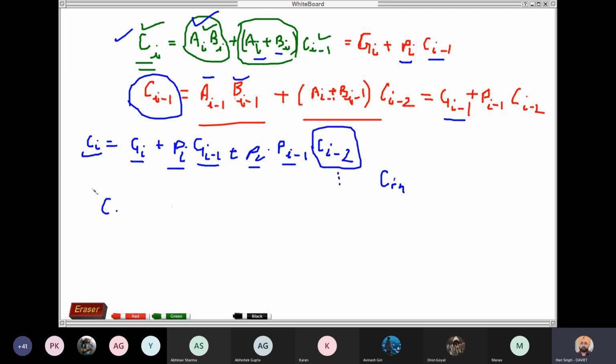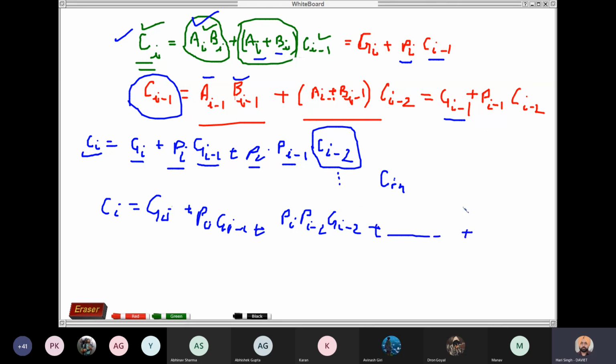Then you will see it will be like Gi plus Pi Gi minus 1, then Pi Pi minus 1 into Gi minus 2 plus and so on.